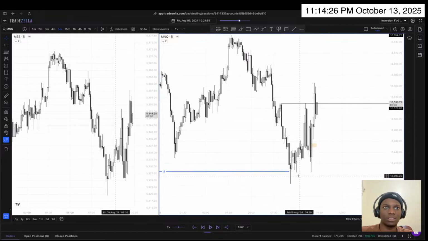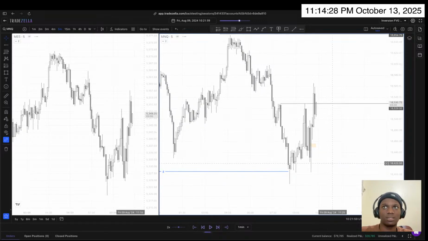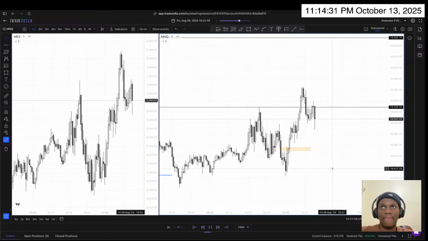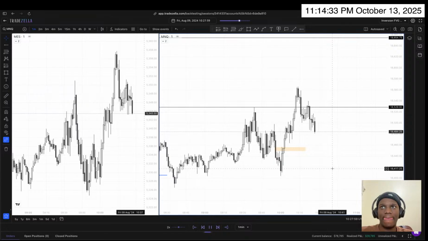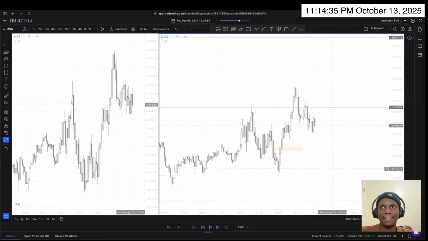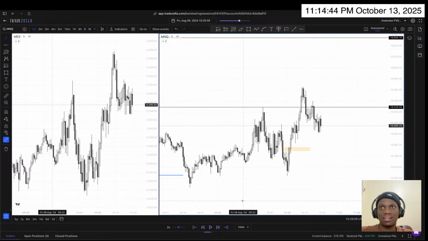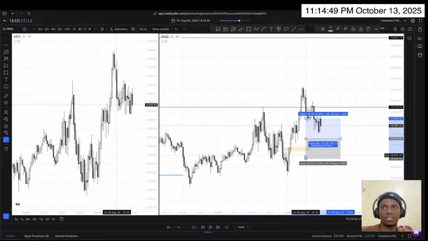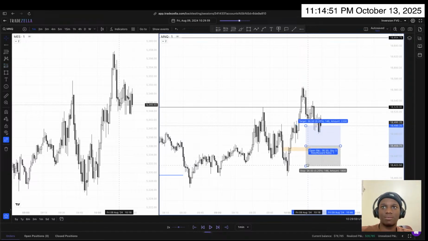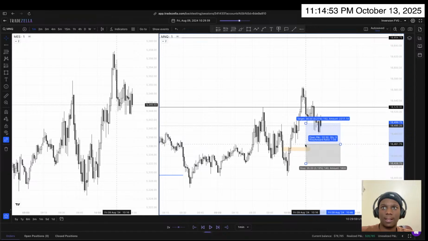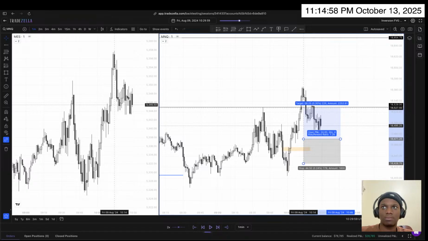I mean, it's okay. So the trade should have been like this, but I rejected it for a reason. They do respect that. This would have been a target.